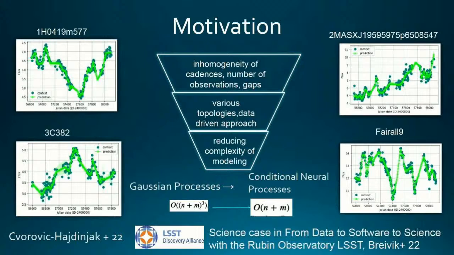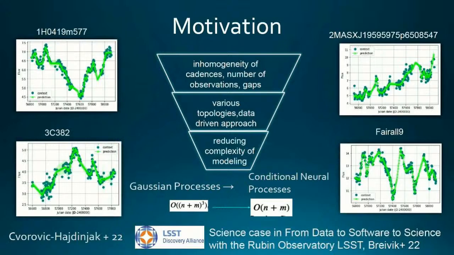So the motivation for this work done by Eva was that, when we talk about quasar light curves specifically, these light curves have a lot of challenges to be modeled with a unique tool. For example, here you see four light curves with specific features. We see light curves that are increasing, light curves that are changing dramatically, light curves that are decreasing, and some quasi-periodic oscillations.